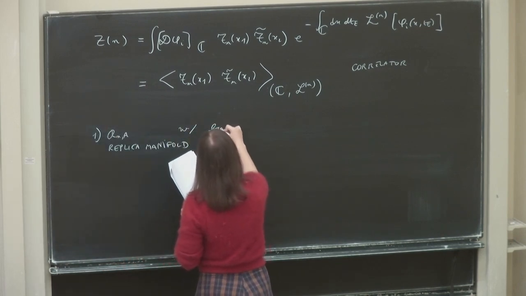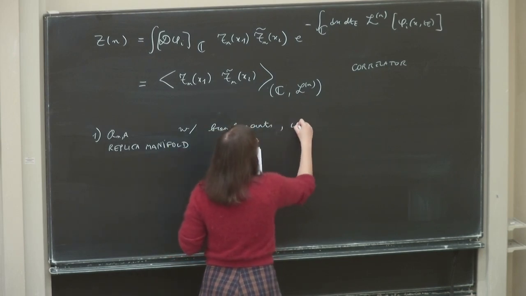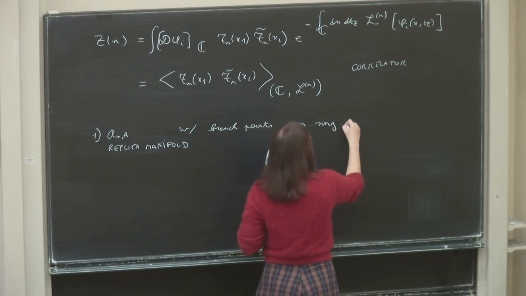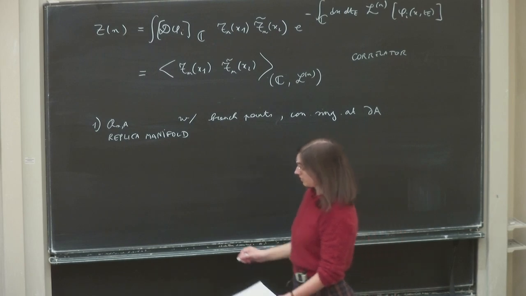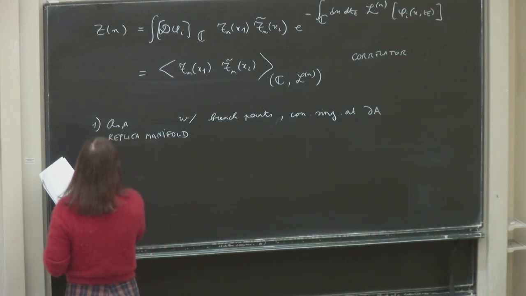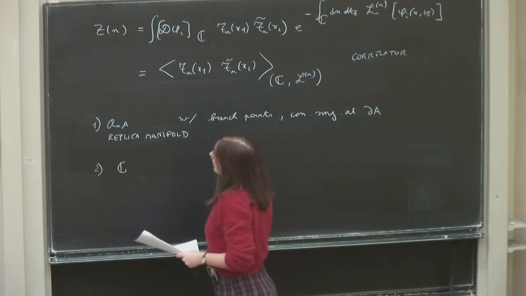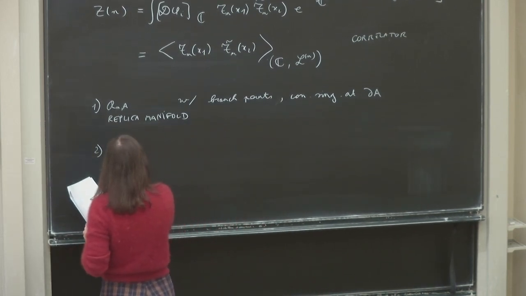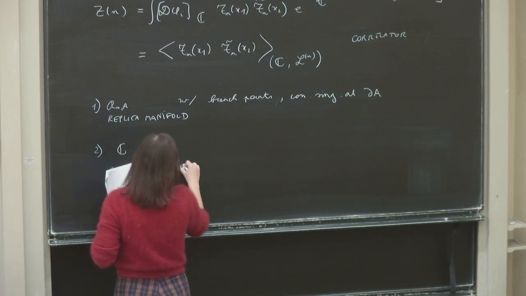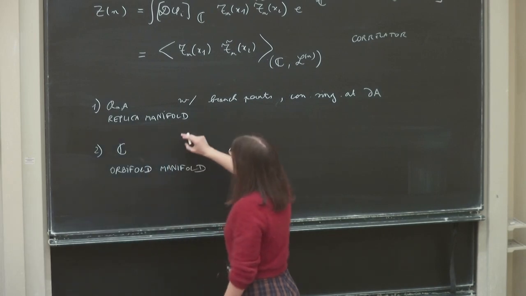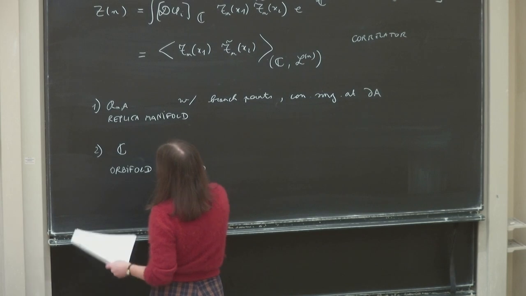This replica manifold has branch points and conical singularities at the boundaries of your interval. In the second perspective, we're still working with the same worldsheet, which you can think of as the orbifold manifold, meaning the replica manifold quotiented over the Zn symmetry, if you come from this first perspective.